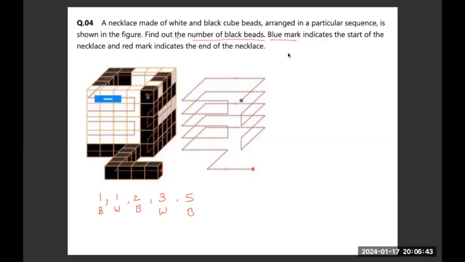After that you have 1, 2, 3, 4, 5, 6, 7, 8. It should be 8 after that. Why am I saying it should be 8?